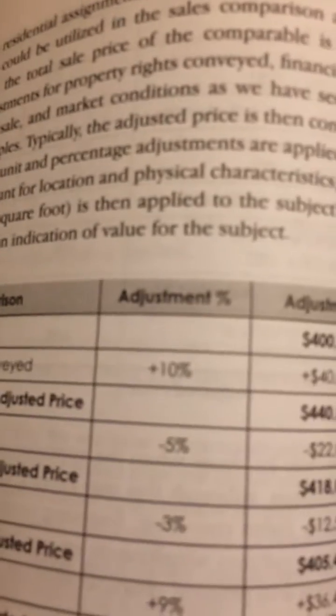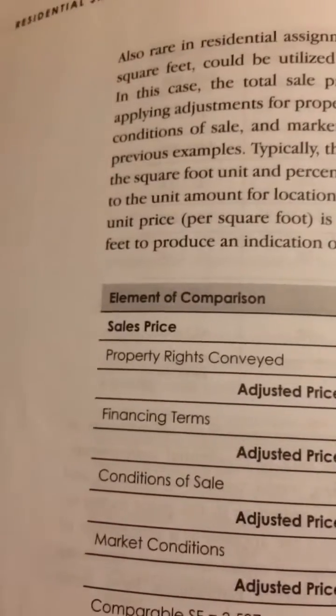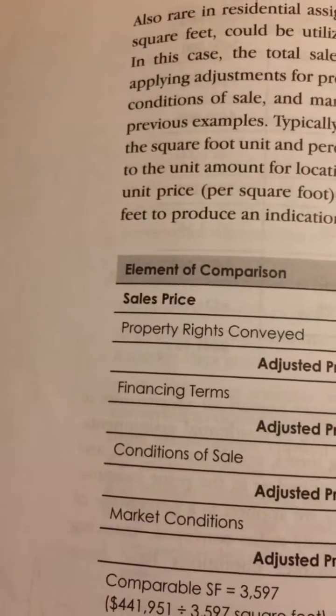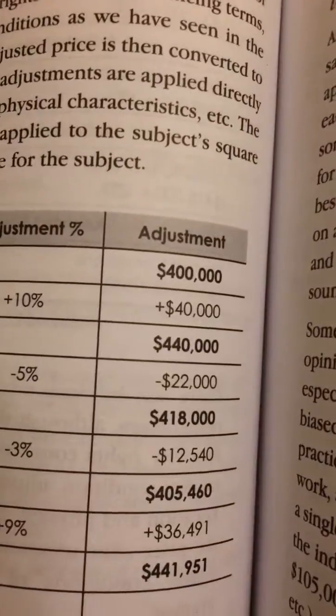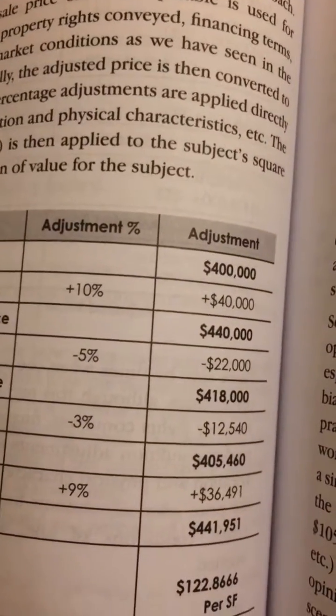Element of comparison, adjustment percentage, adjustment. Sale price, $400,000. Property rights conveyed, plus 10%, plus $40,000. Adjusted price, $440,000.